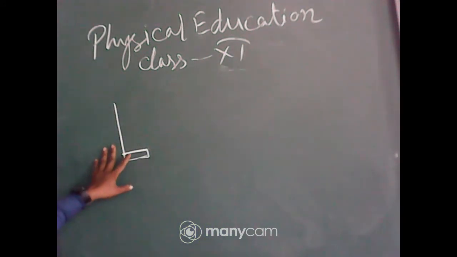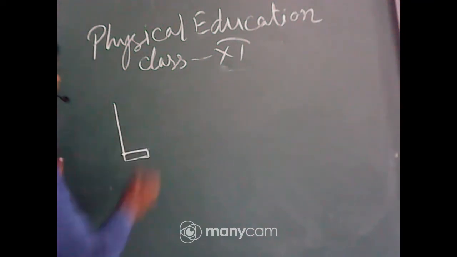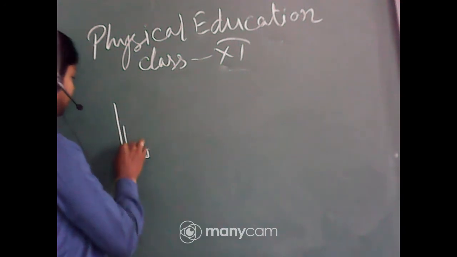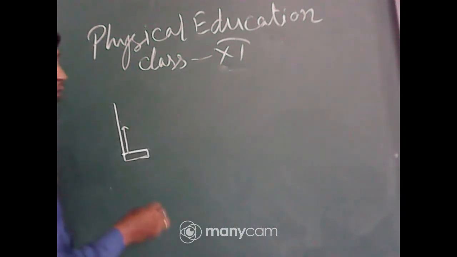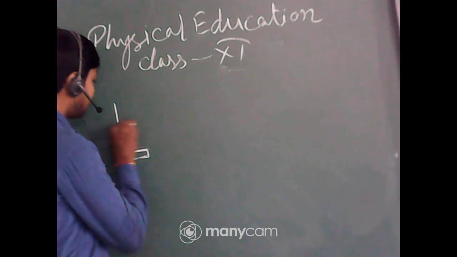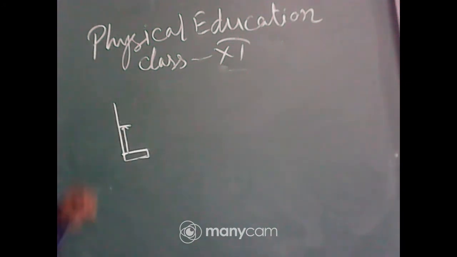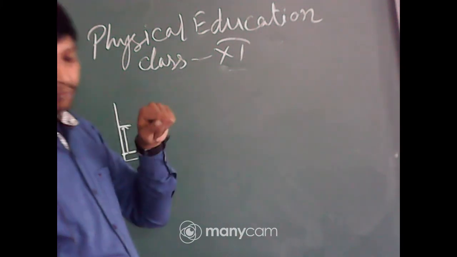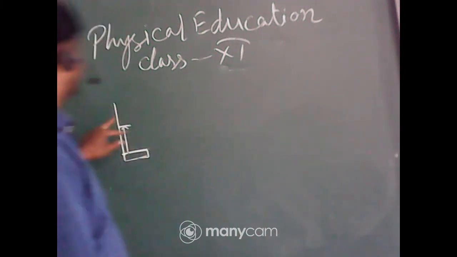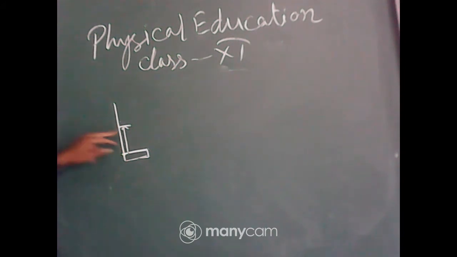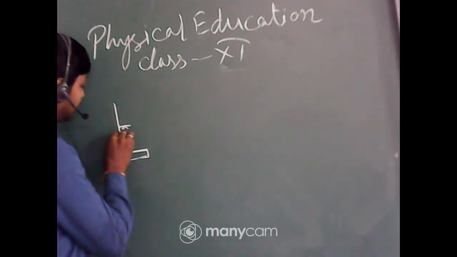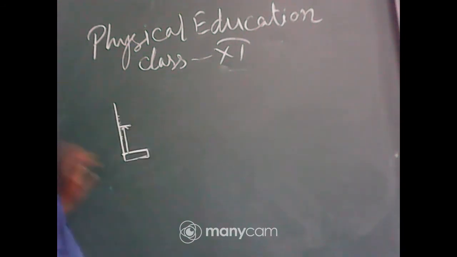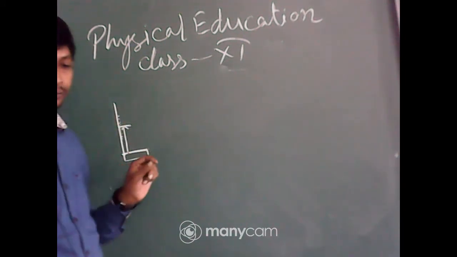Where we stand with bare feet, at the end of your height we can place a scale, a straight scale or any straight object, to measure your height, because that bar is marked in meters or feet also.